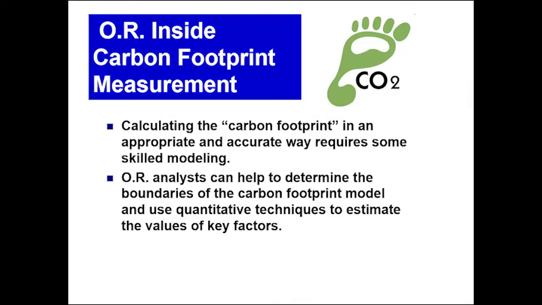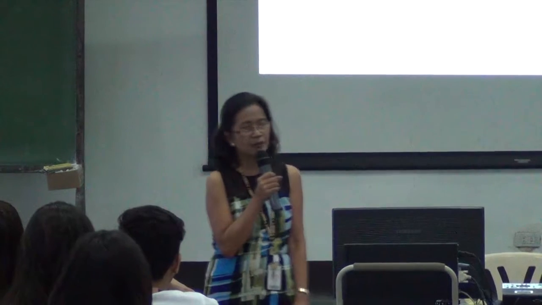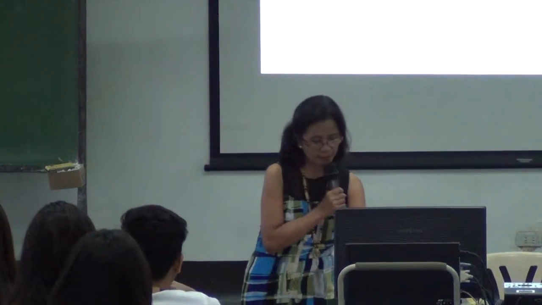For example, in this climate change era. Okay? So, the environmentalists would be very keen on this. So we want to measure the carbon footprint. Rotary Club is taking a lead on this. So the analysts now can determine the boundaries of the carbon footprint model.